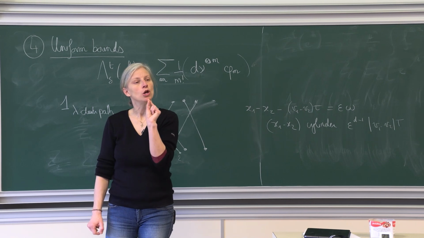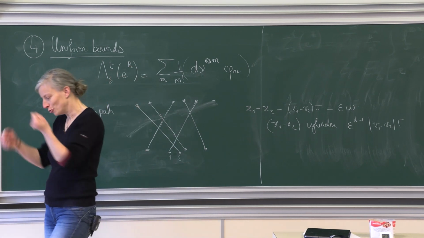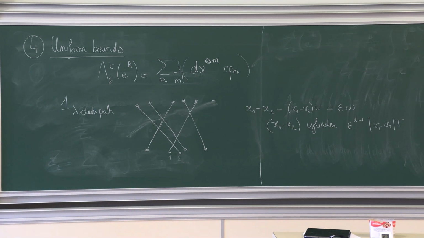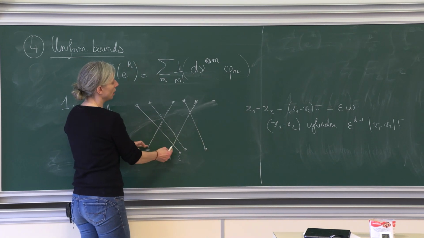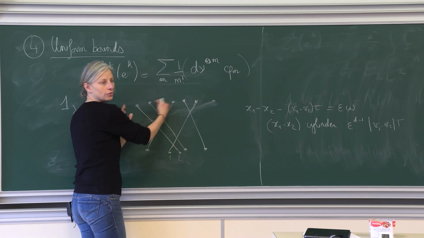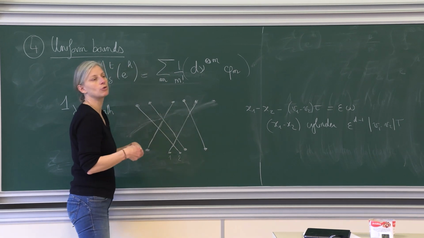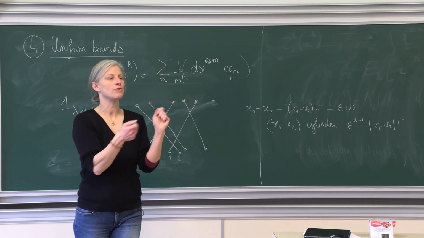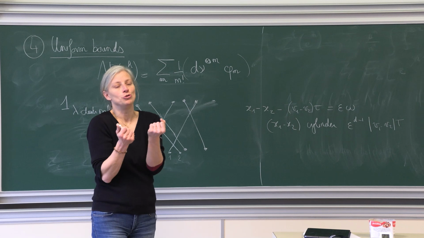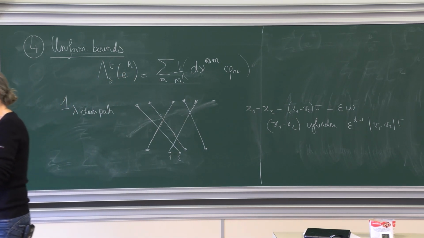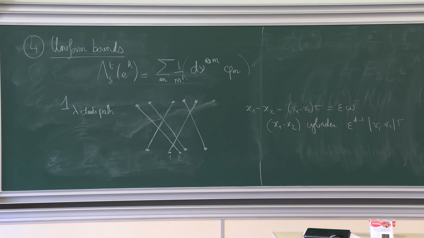Okay, so each time you have a collision, you would like to say, oh, but then each time I have a collision, I will gain one mu. Of course, you cannot do that as many times as you want. For instance, if you look at the graph of these collisions, and this graph has a lot of edges, so everybody will collide with everybody a lot of times, then you do not expect that you will gain a factor 1 over mu each time.